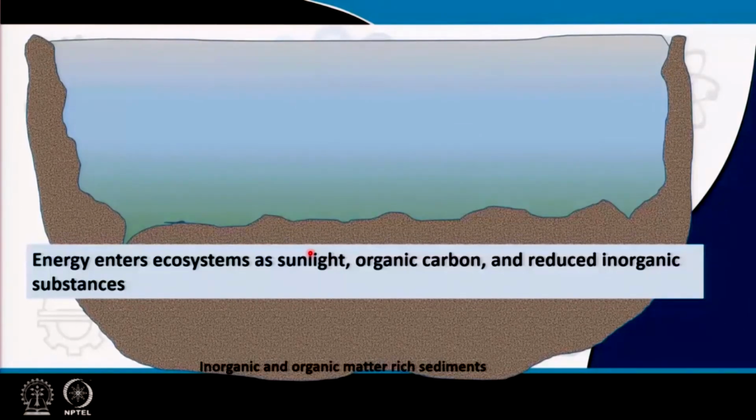Now, let us look into the surface water community. This is a pictorial image which depicts a surface water scenario, and you can see there is a water column above, and we also have the sediment, which is naturally rich in inorganic and organic materials.